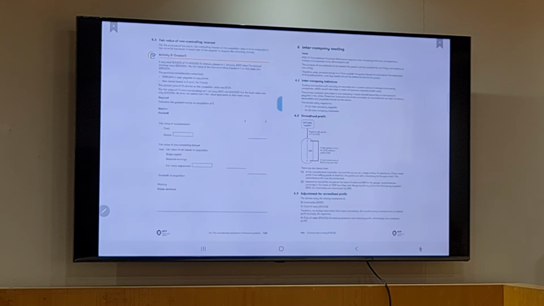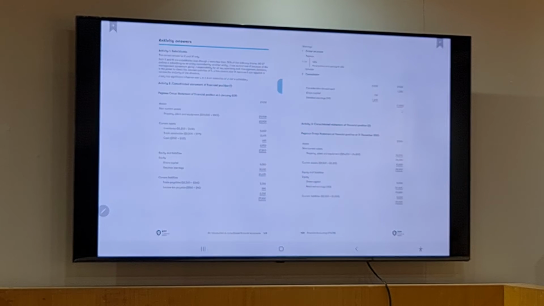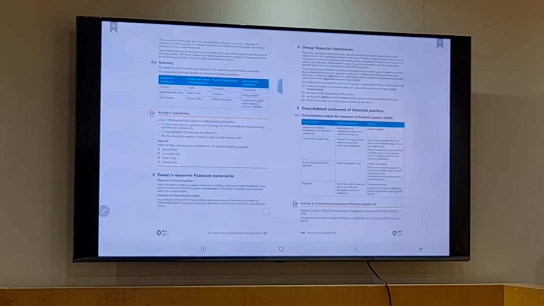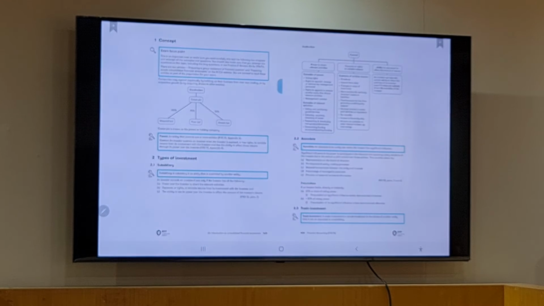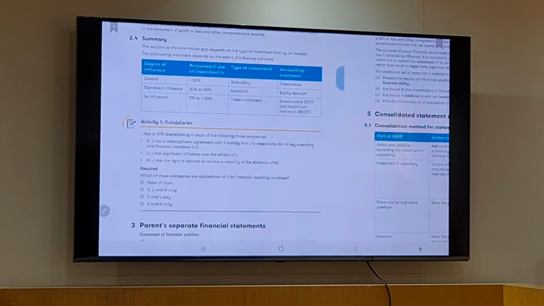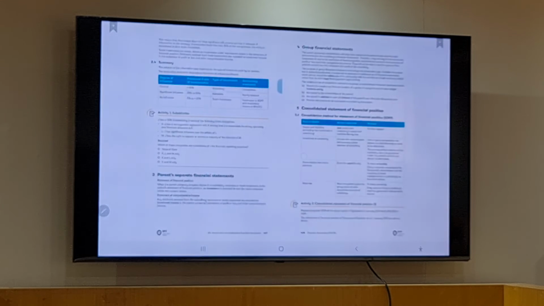And then which page number are you referring to? 411. We did this, right? This example we did, correct? Yes.